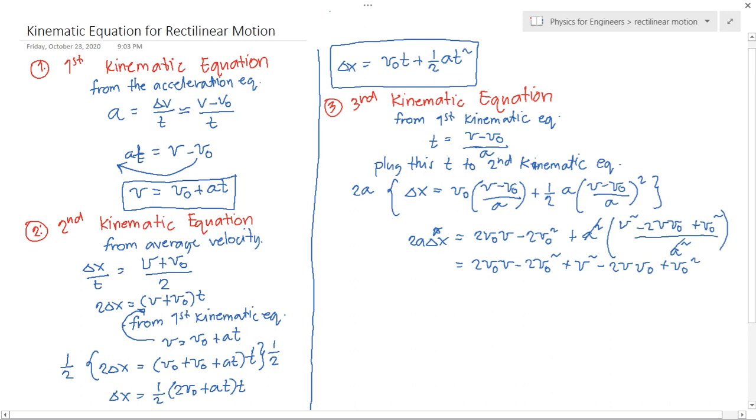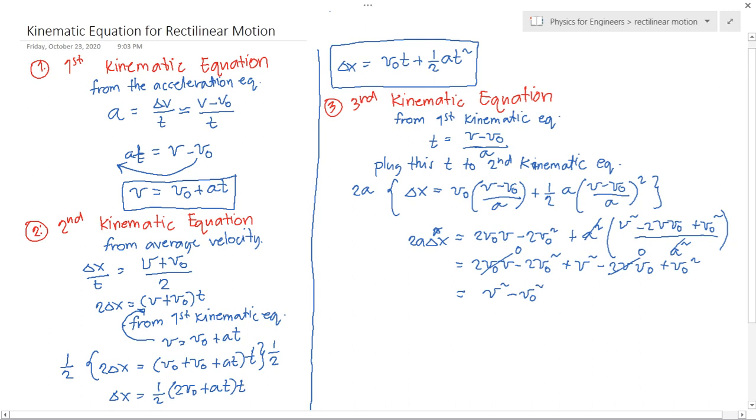So we have a positive 2v v naught here, a negative 2v v naught, therefore this can be cancelled out. So mas 0 na to sila dalawa. So what's left is the square of the v final minus, so meron tayong minus 2v naught squared plus v naught squared, so we have minus v naught squared.